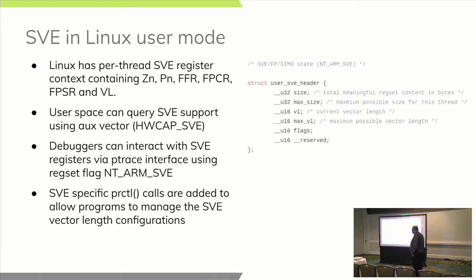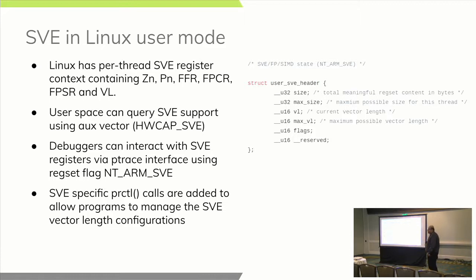So SVE register data is per-thread register data in Linux, and every thread has its own view of the Z registers, P registers, FFR, FPCR, FPSR, and corresponding GPRs, similar to the register file that we have in AArch64. Also, there are multiple ways to check whether SVE is available on that hardware or not.